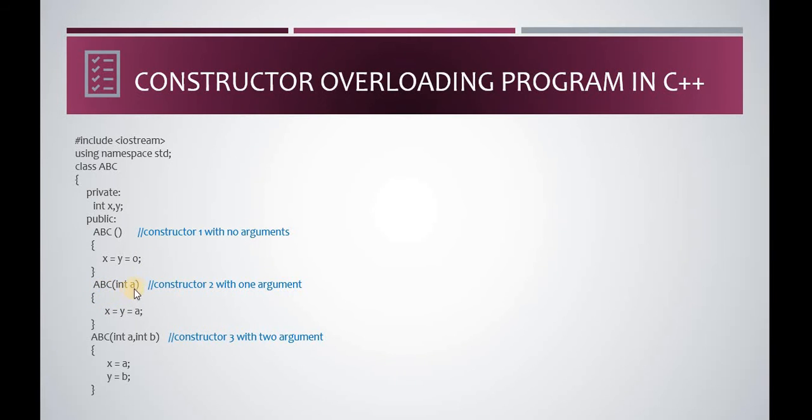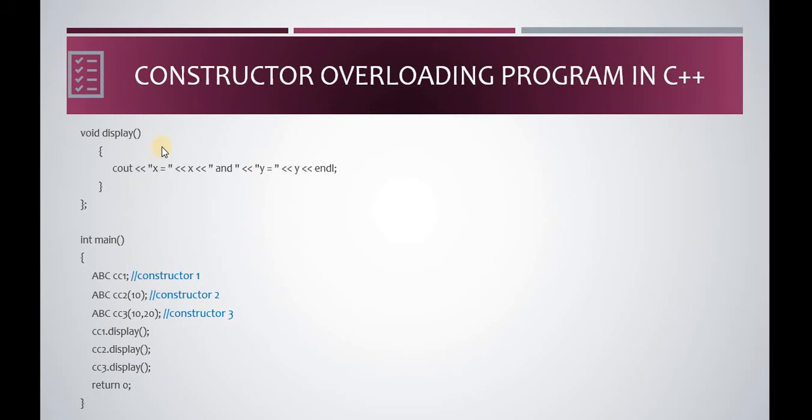Then we create one more constructor which takes one argument, and again one more constructor which takes two arguments. So we have created three constructors that differ in the number of parameters. You can create one constructor with one parameter and another constructor with 3-4 parameters. This is what we call constructor overloading.